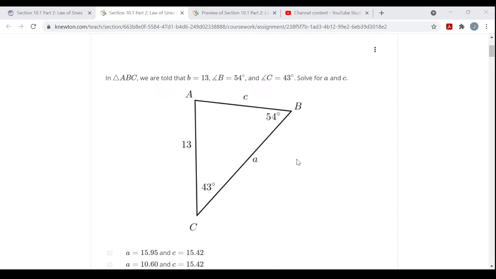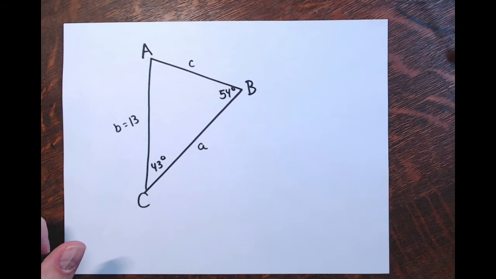All right, so here we're given a picture of a triangle. In triangle ABC, we're told that little b has a length of 13, angle B has a measure of 54 degrees, and angle C has a measure of 43 degrees. Solve for little a and little c. Basically, I'm just going to solve the triangle here. I'll draw this up on a separate piece of paper. Here's a drawing of that picture.